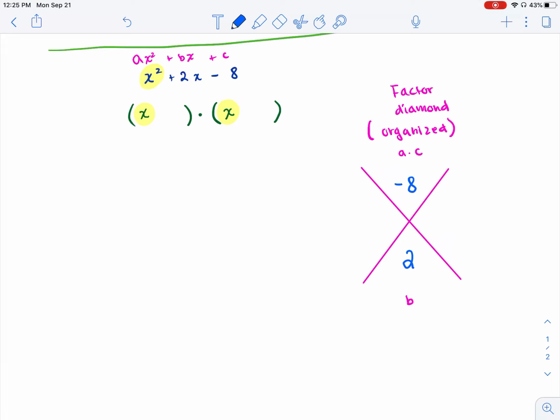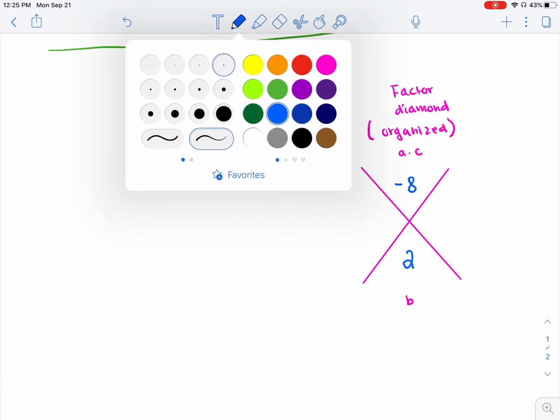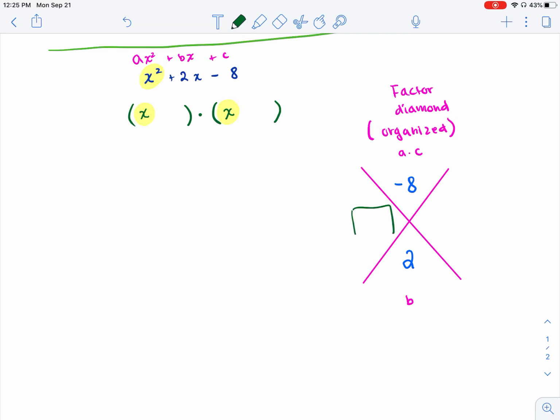So this just helps us organize. You don't have to use the factor diamond, but basically, we have to think of 2 numbers that when we multiply, it equals -8, and when we add them, it has to equal 2.